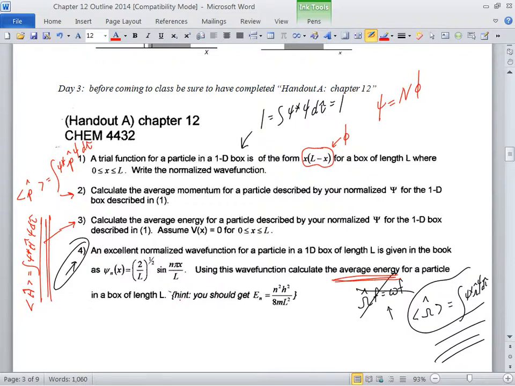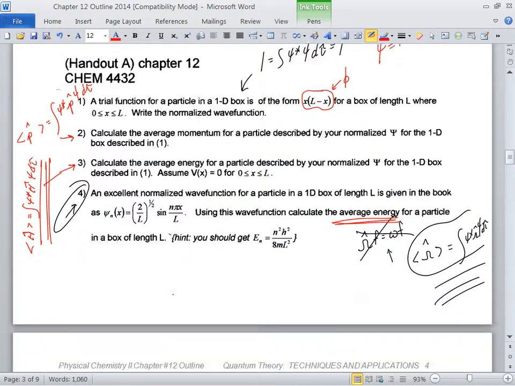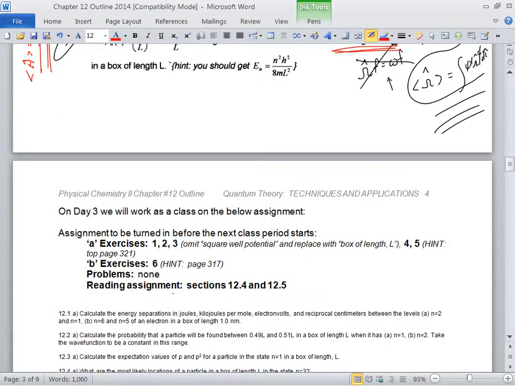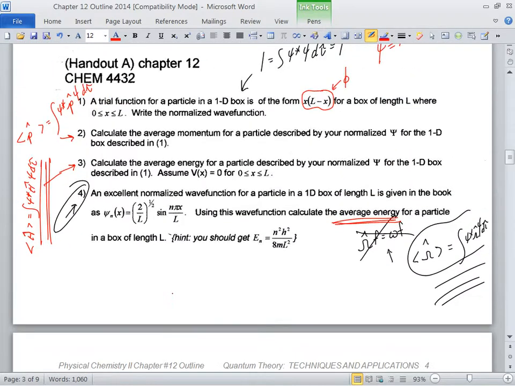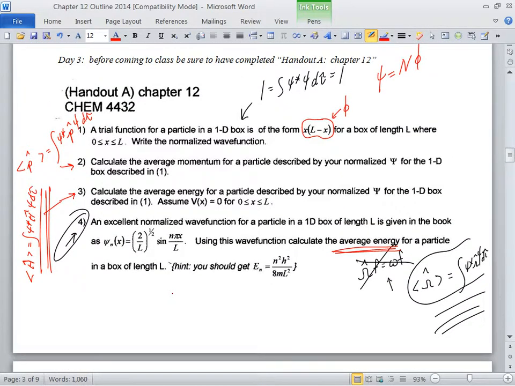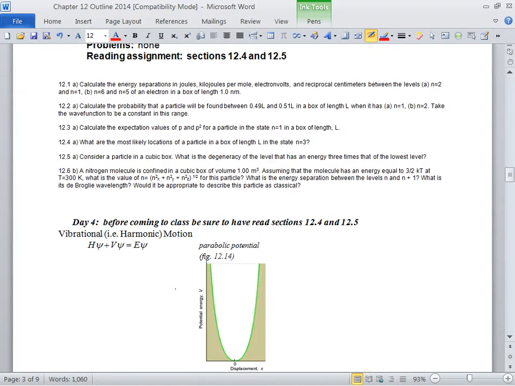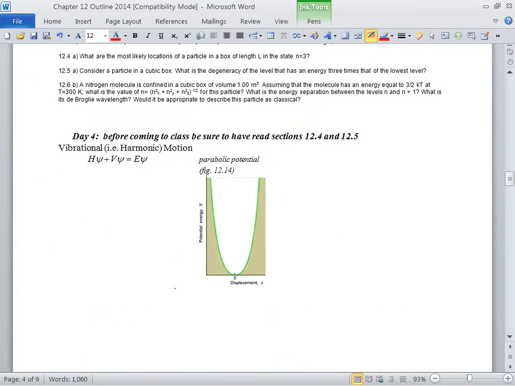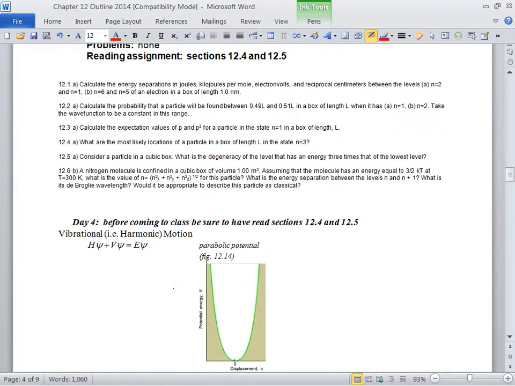So we'll spend the rest of the hour working on this, and when you come on Monday, we're going to work on this stuff in class. It's a little bit of a change. So then our day 4 is where we start the vibrational motion? Day 4 would be this, yes. It's a different order. Yeah, I changed it.